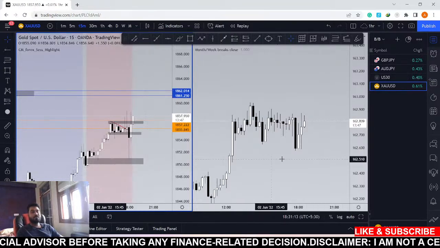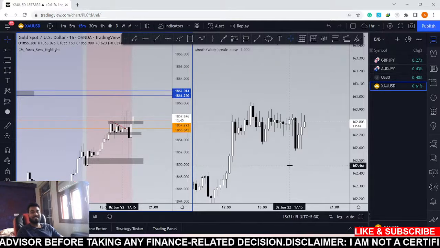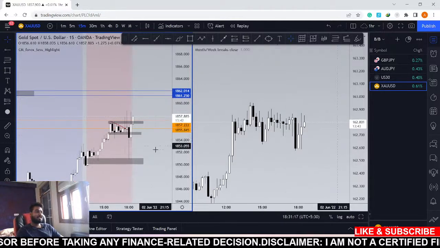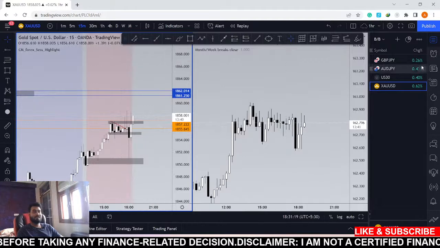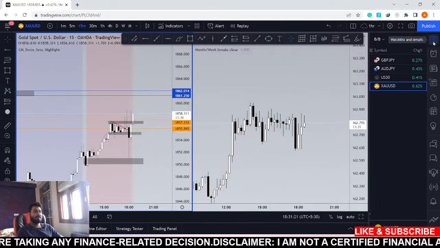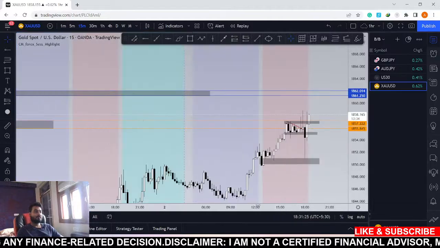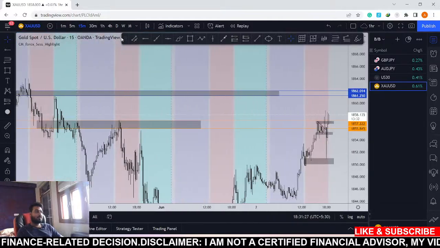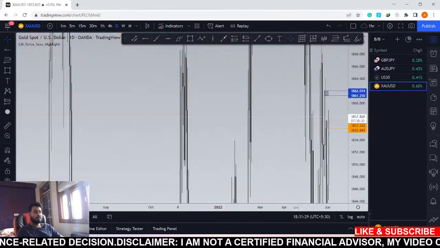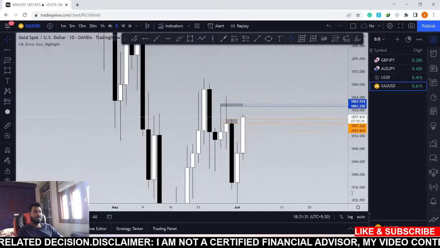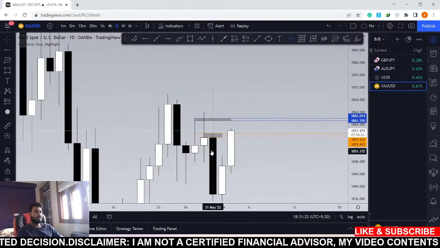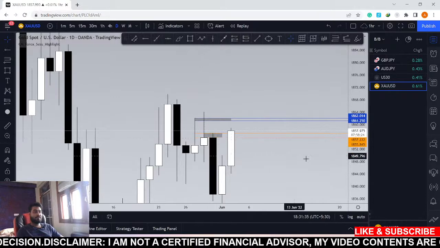So this is some sort of break and retrace strategy. You just have to mark the resistance. Let me see on the daily chart. I just marked my resistance. This was the most recent resistance.